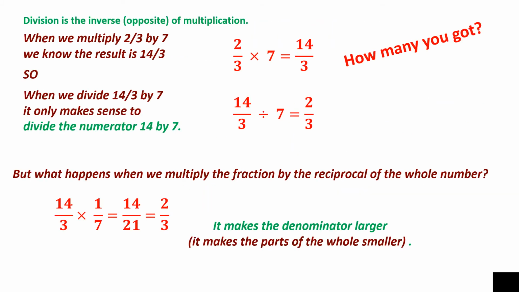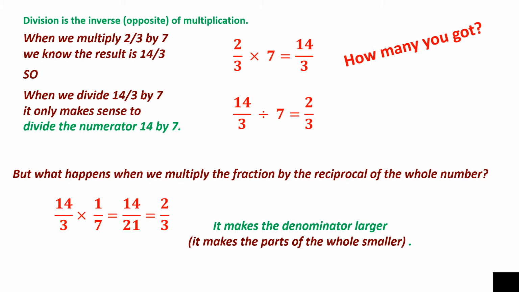When we multiply a fraction by a whole number, we now understand why we really only multiply the numerator of the fraction by the whole number. So when we divide a fraction by a whole number, it makes sense that we only divide the numerator by the whole number.